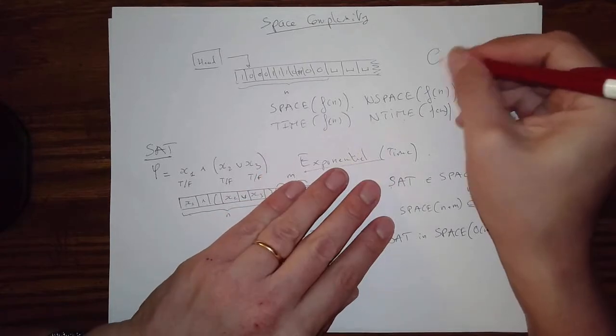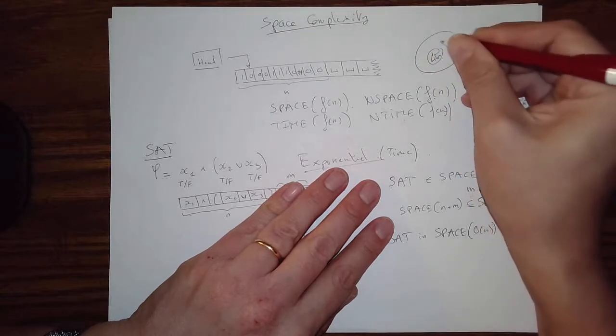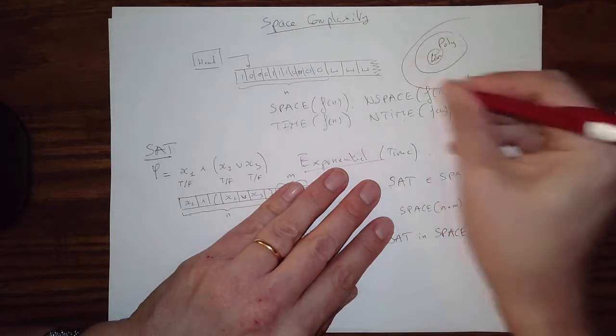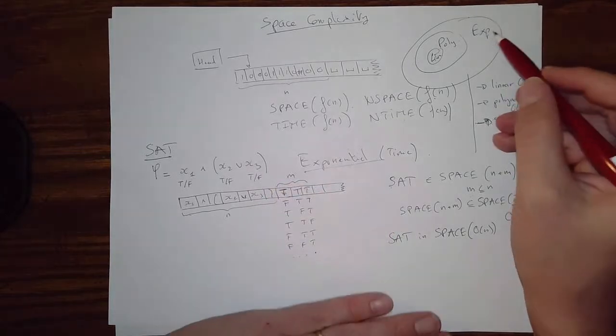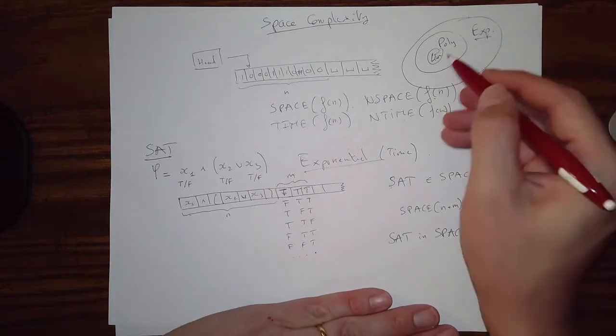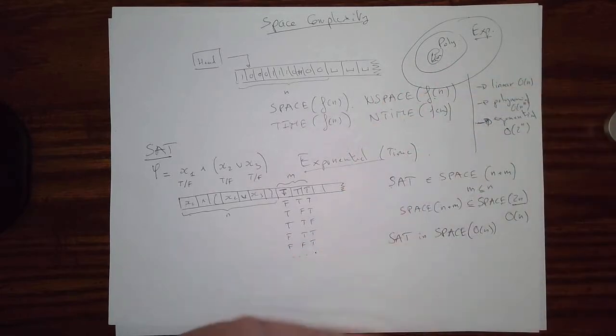If you do linear, polynomial, exponential, SAT is here in terms of time, and it is here in terms of space. So there's a huge gap here.